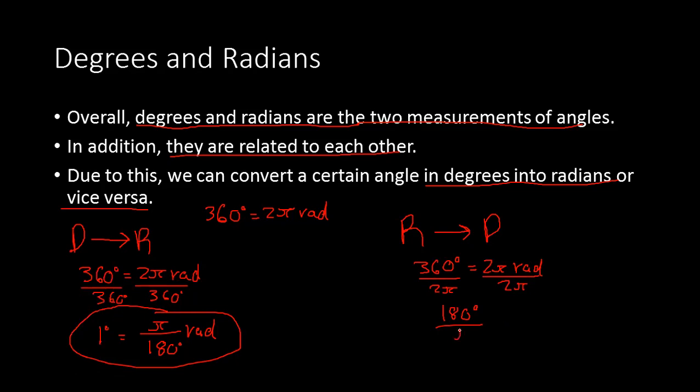So we have 180 degrees all over pi is equal to 1 radian. So in 1 radian, you have 180 degrees all over pi. You're going to use this one if you want to convert a radian to a degree. But if you want to convert a degree to radian, you're going to use this one.